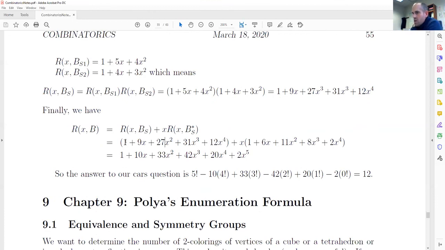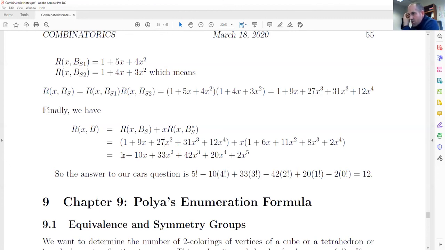Of course 1 plus, 1x plus 9x is 10x. 27x squared plus 6x squared is 33x squared. 31x cubed plus 11x cubed is 42x cubed. 12x to the 4th plus 8x to the 4th, when I distribute the x, gives me 20x to the 4th plus 2 times x to the 5th.